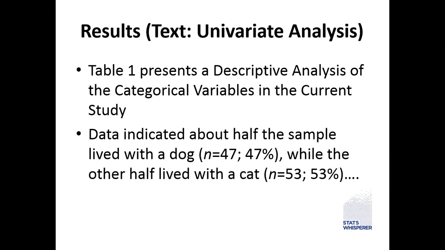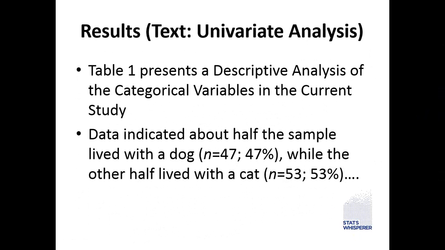So this is just a little snippet as an example, but this is how the paragraph is often started for the text, right? Table 1 presents, right? So that's a good way to start the paragraph, saying which table and what it presents. And what it presents is often the same as the title of the table.